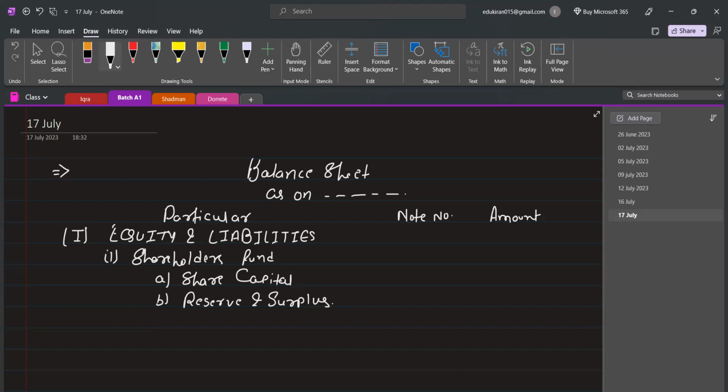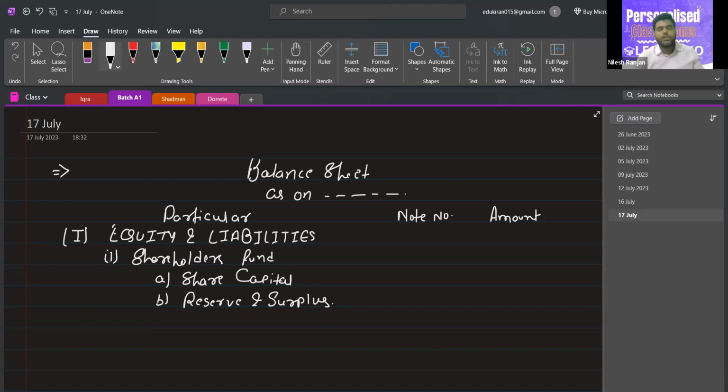So reserve means keeping a part of their profit or investment separate for unexpected things. Okay. Reserve and surplus, you can see there are two words. The first is reserve and the second is surplus. So when we save money for any future purpose, either certain or uncertain, it is called reserve. Okay.